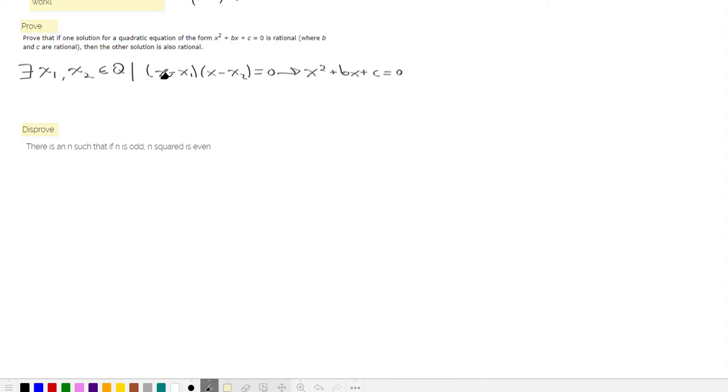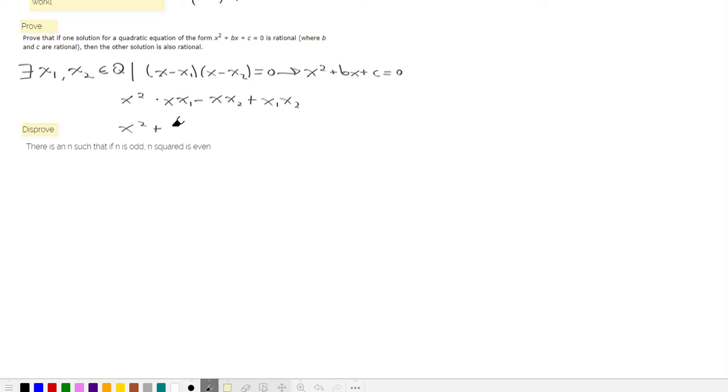Now I'm just going to FOIL this out and compare my terms. So this gives me x squared, let's see, minus x times x1. And then x and minus x2, so minus x, x2. And last, minus x1 times minus x2 is plus x1 and x2. And further, I can write this like this.